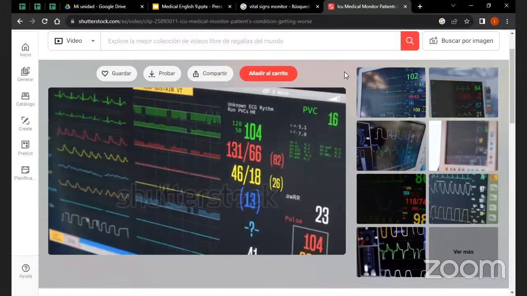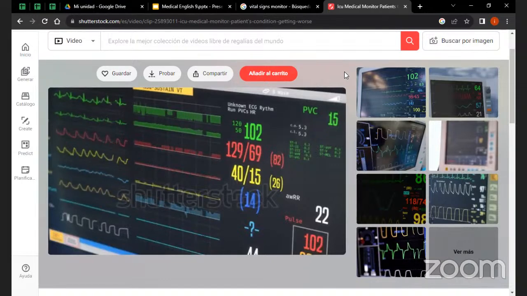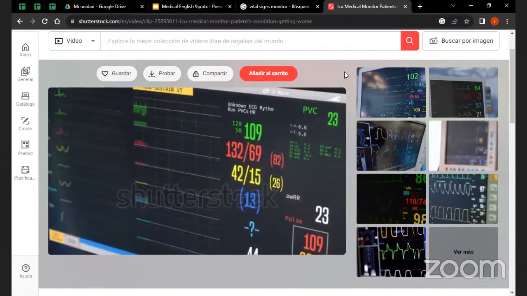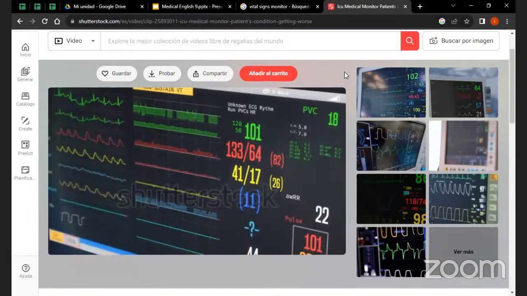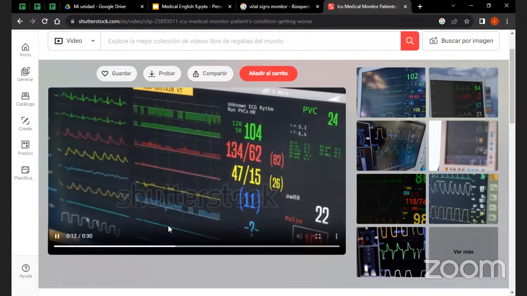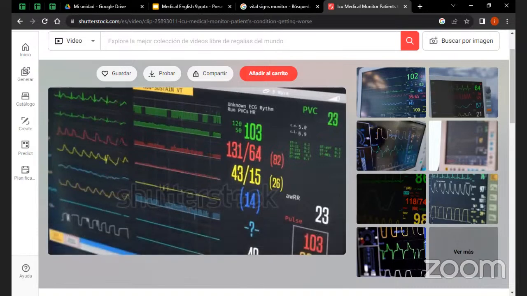The overall snapshot of your family is that he has a good heart rate. The blood pressure is a little bit high, but not something to be worried about. I don't see the oxygen saturation here, so I want to say that the patient is kind of stable, so we're going to have him on observation for a little bit.